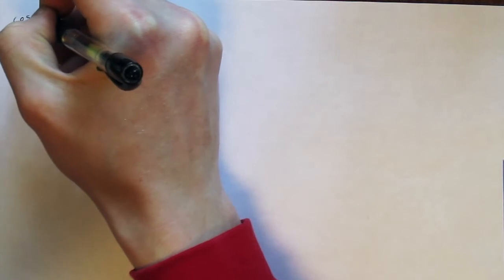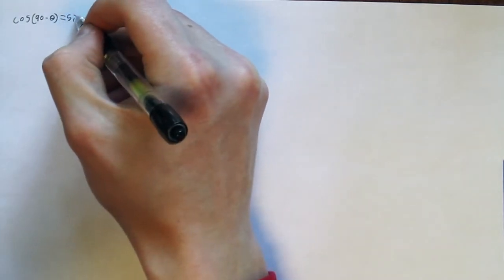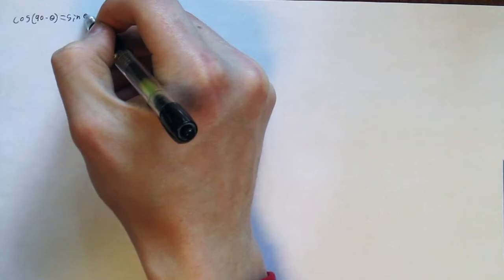So we are given that cosine of 90 minus theta is equal to sine of theta, and the same for all of the other trigonometric properties.